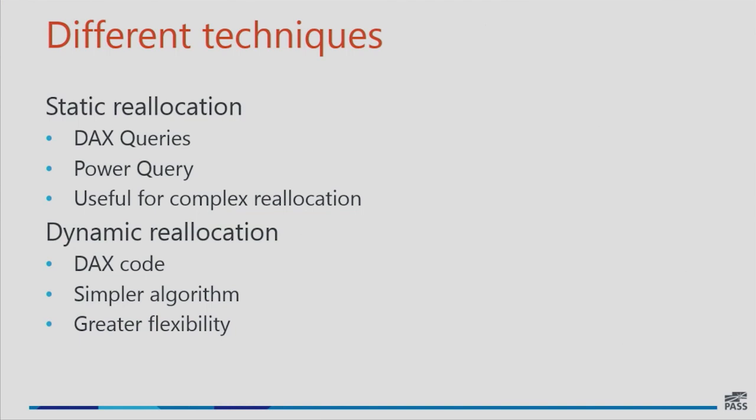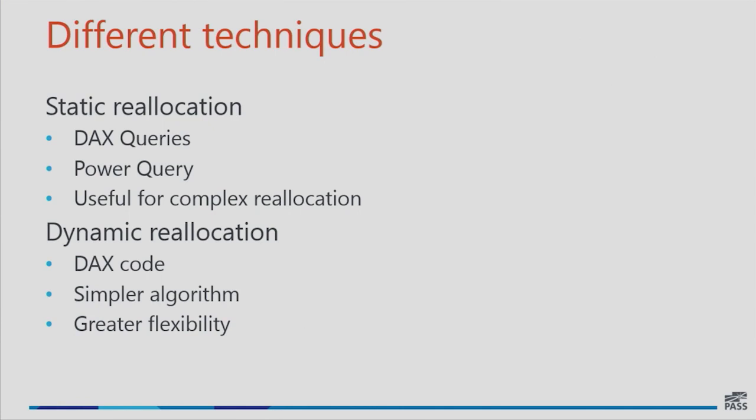Or I may want to do a dynamic reallocation, which means that instead of calculating all the values in advance at the right granularity, depending on the pivot table settings and filters, I will do the allocation dynamically. The result could be the same, and I'm not here to say what is better.